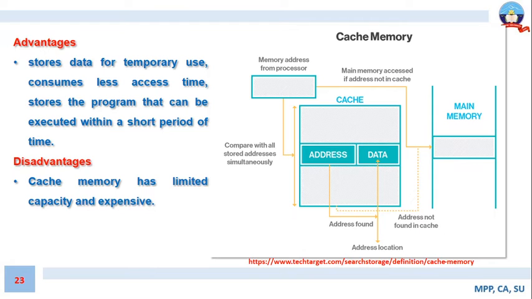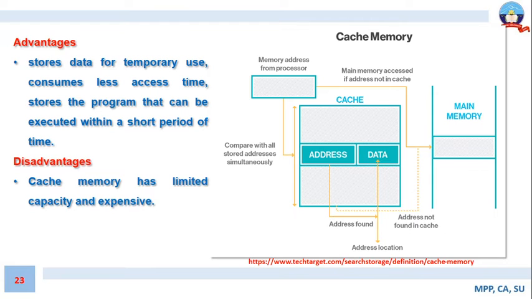If the address is not found in the cache, then we search for the address in the main memory, draw the data or the instruction stored in that address, and supply it to the processor or the coprocessor. So that is the way caching basically works.